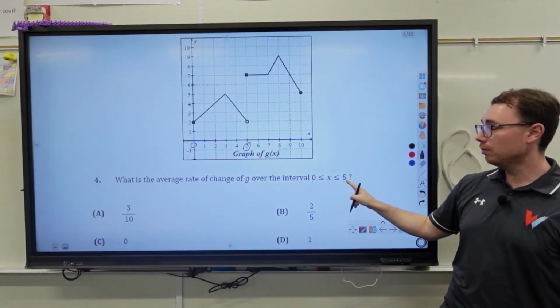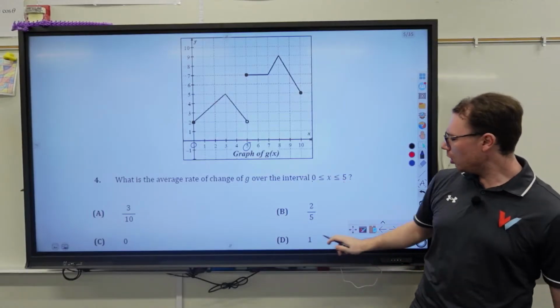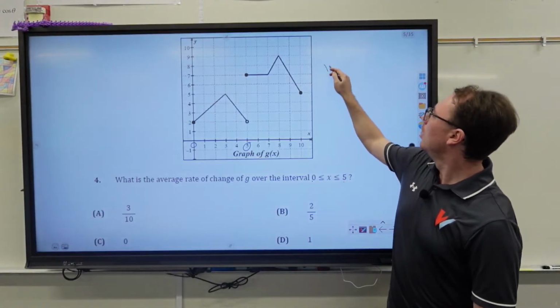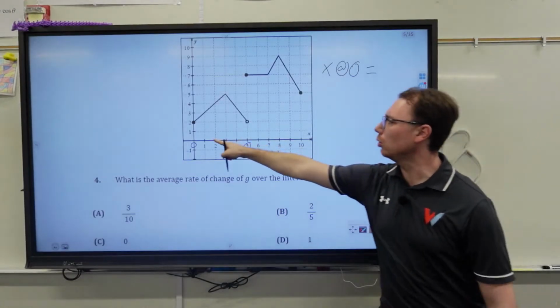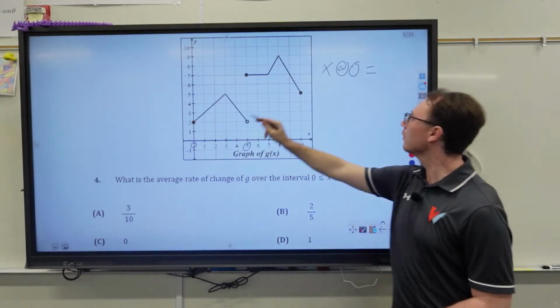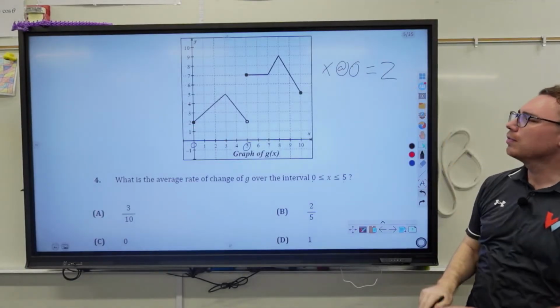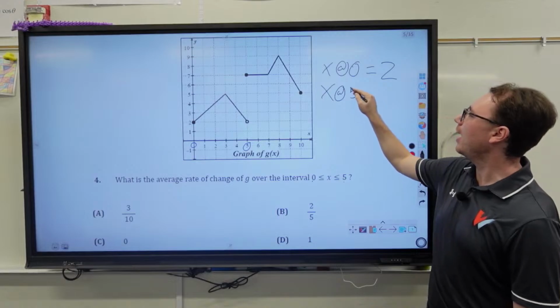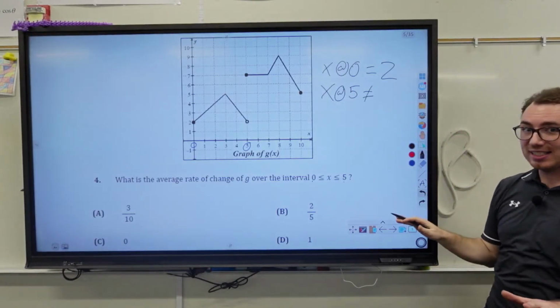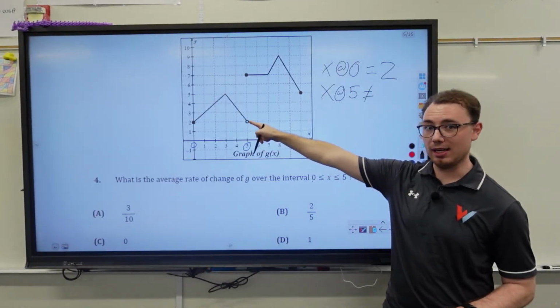At x is 0 and x is 5. So we know that at x equals 0, y is equal to 2 on our graph. But notice that at x equals 5, it is not equal to 2 again.